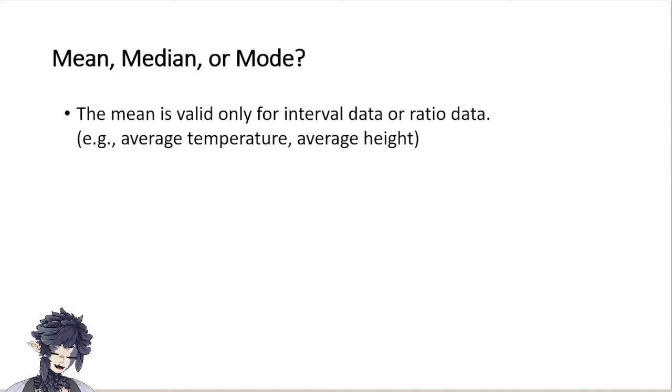For example, average temperature or average height. This does not stop psychologists from doing it on ordinal data all the time. We calculate the mean for ordinal data all the time. We shouldn't. We shouldn't do that. But we do. You will not get by in psychology if you do not break the rules and calculate the mean of ordinal data.